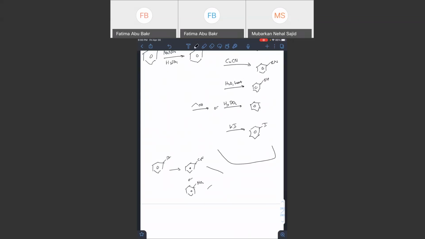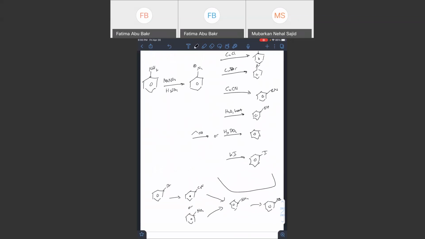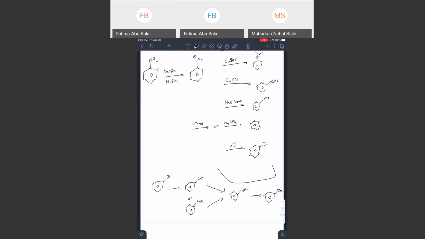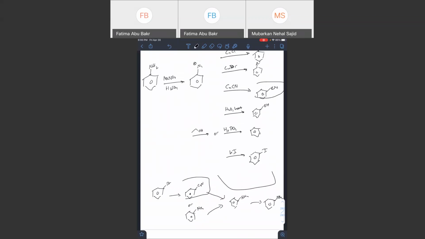Either way, from both of these, you can get back to an NH2. And then from there, you can go to an N2. From there, any of those things are possible. Some of them are a little bit crazy, like, why would you go from a Br all the way back to another Br? Or why would you go the step of going Br, CN, only to end up as a CN? So just keep these charts in mind, and use them when it's helpful.